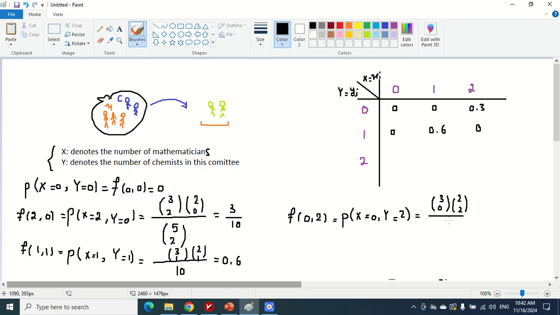The denominator is the same, it should be 10, so the result will be 1 over 10 or 0.1. Then I will put 0.1 over here. As you can see, it's impossible to have 2 chemists and 1 mathematician, and of course it's impossible to have 2 mathematicians and 2 chemists simultaneously because we have a committee of size 2.